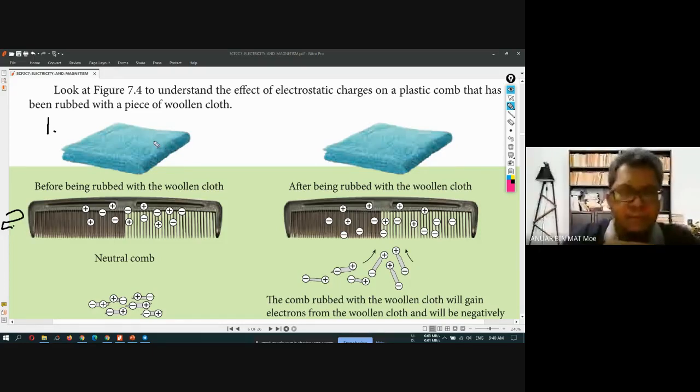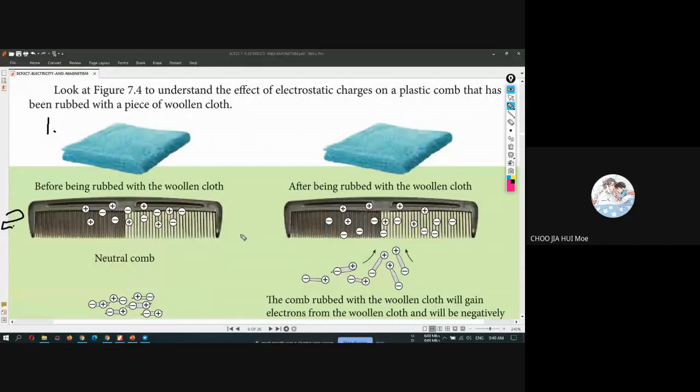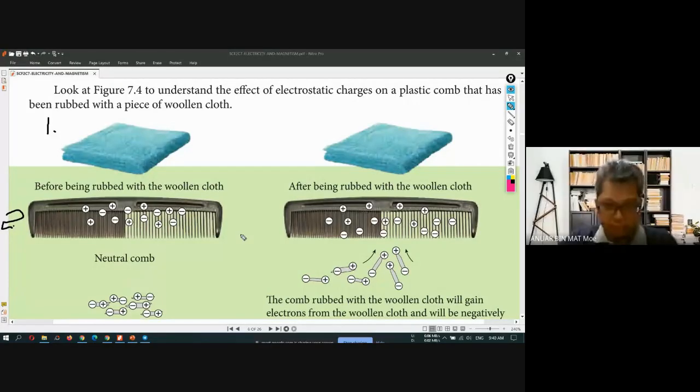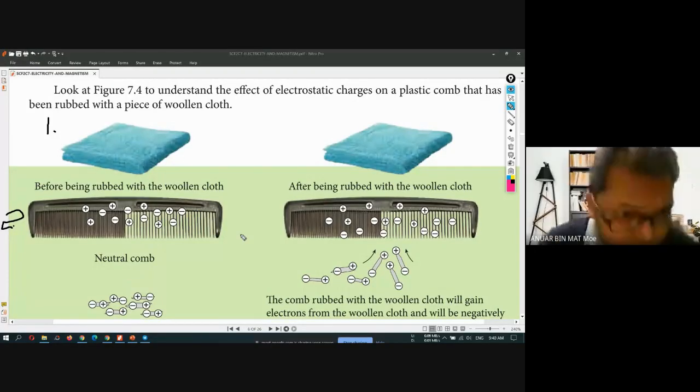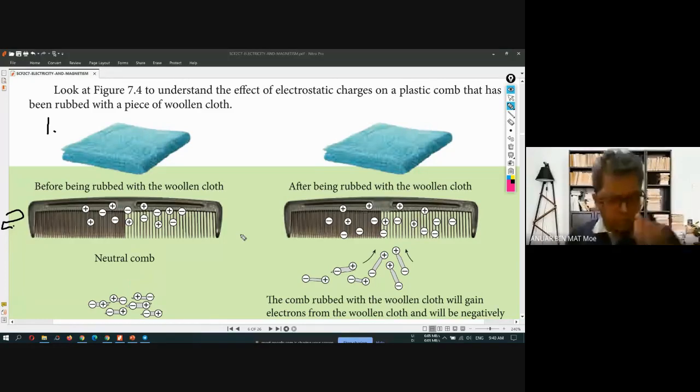Is it positively charged, negatively charged, or is it neutral for both woolen cloth and plastic? Neutral. Number one, very good, the charge is neutral.